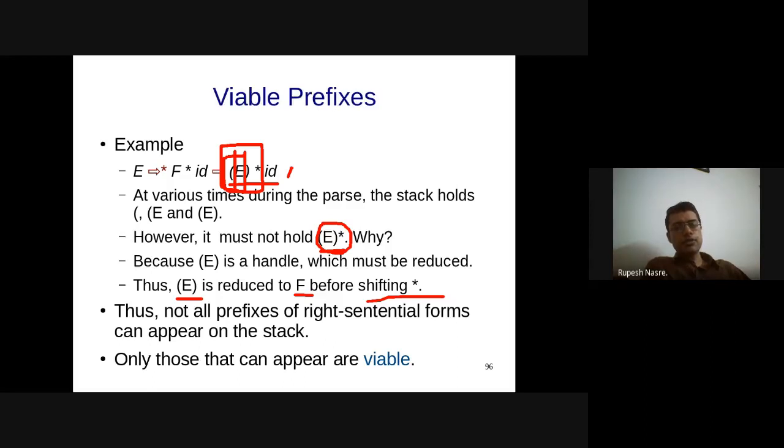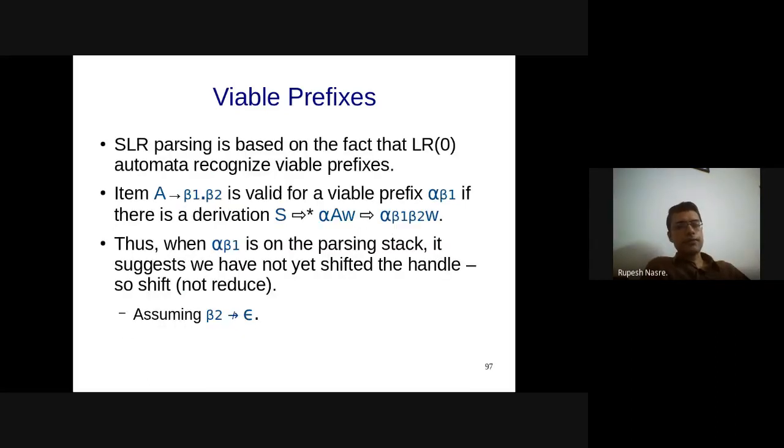So these are called viable prefixes, and it has been shown that viable prefixes are the ones which are going to get recognized in the LR0 automaton, and therefore the LR0 automaton is kind of equivalent to this shift reduce parsing with stack. So SLR parsing is based on the fact that the LR0 automaton recognizes these viable prefixes. Right?